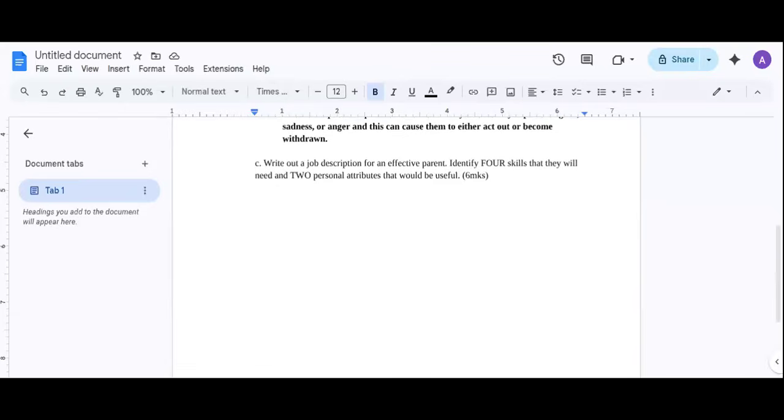They ask you to identify, which is the command word there, 4 skills. Remember, when we are identifying, we want to list it out, and then 2 personal attributes. So this is not asking you to do a whole essay or in an essay format.